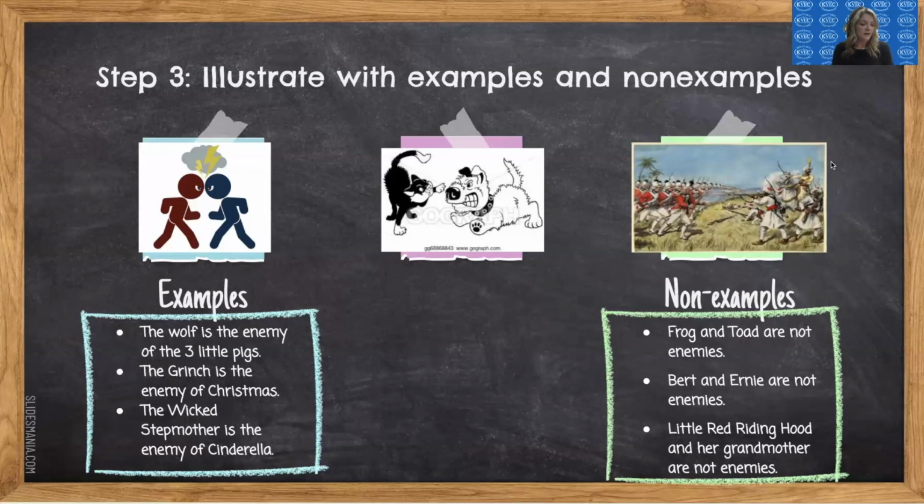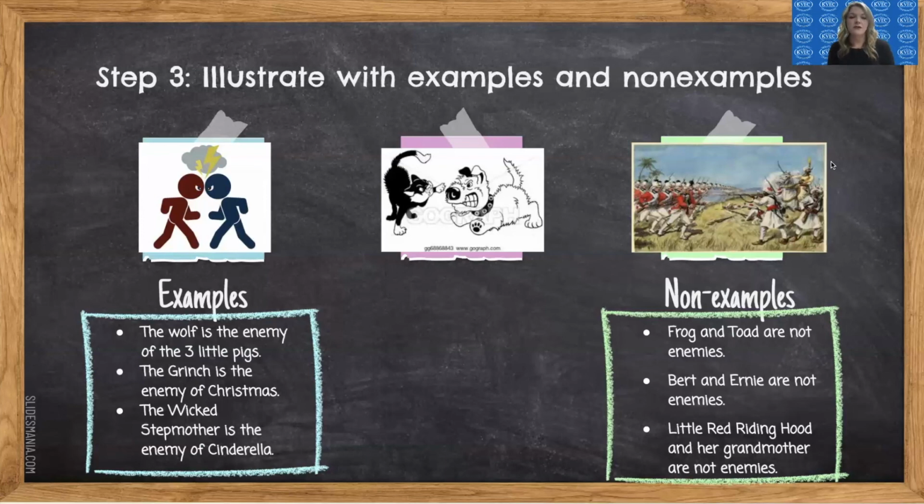Then you want to give them some verbal cues. And again, when you give examples, going back to that background knowledge, make sure that if you say the wolf is the enemy of the 3 little pigs, that the kids are aware of that story. They may not be, and if they don't know that story, then that's not going to help them.